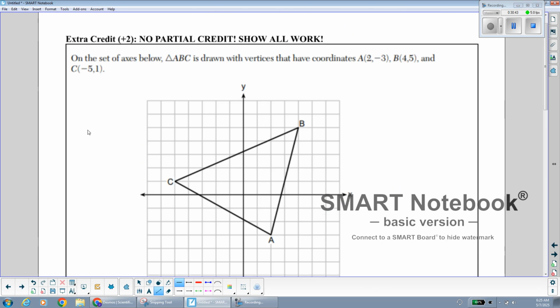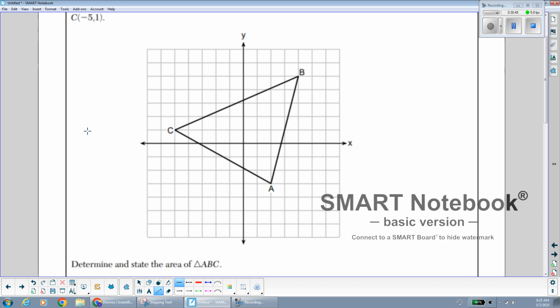And then finally, the extra credit, which is not really extra credit because you do need to know how to do it, is to find the area of ABC. So we spoke about how we could box the triangle, and we could box it so that all of the vertex points are enclosed in the box.